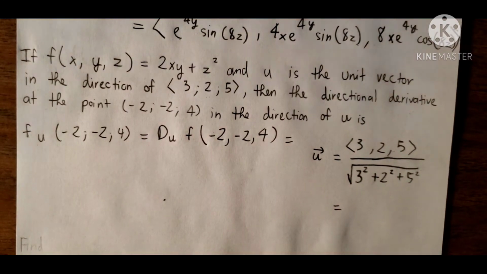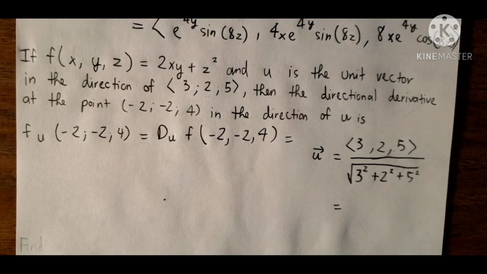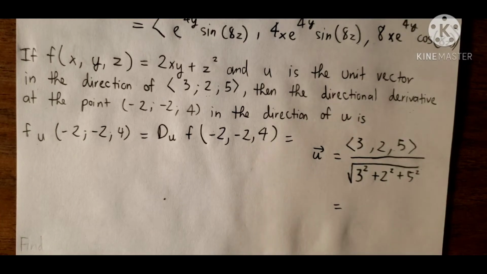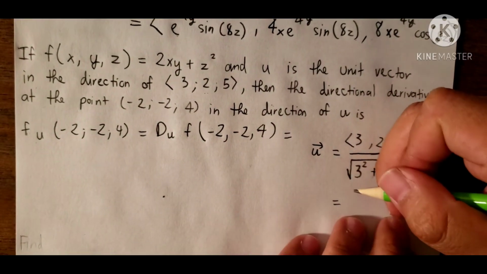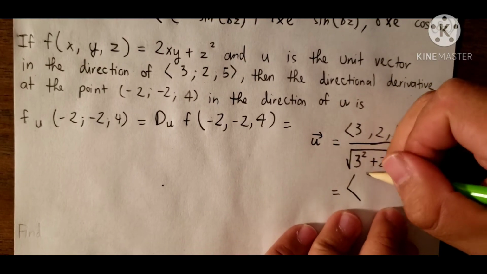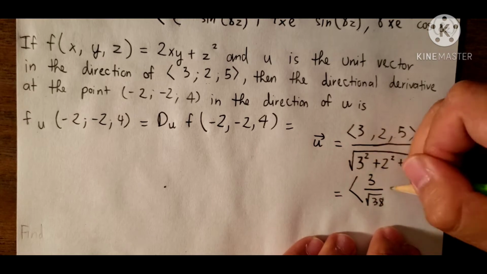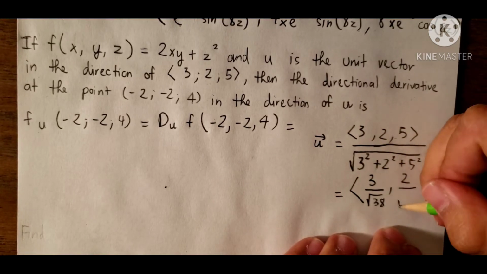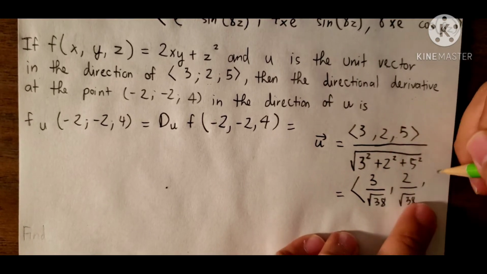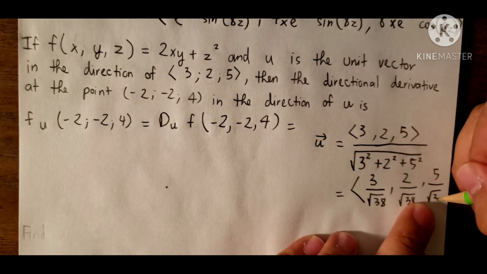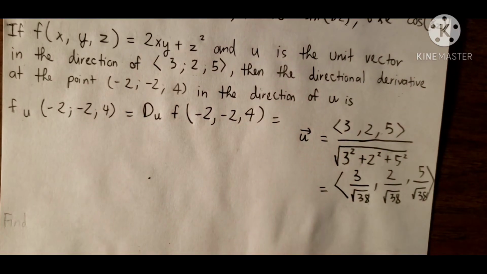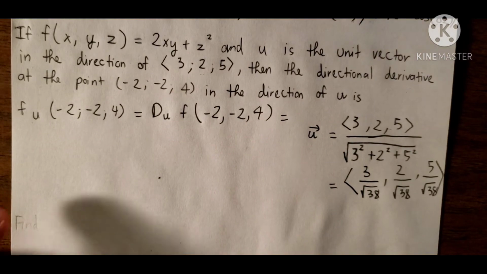So the unit vector is 3 over square root 38, 2 over square root 38, and 5 over square root 38. This is the first step.